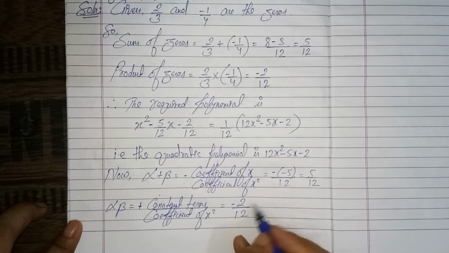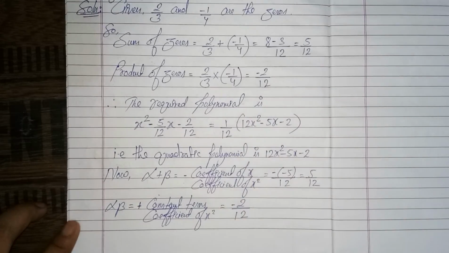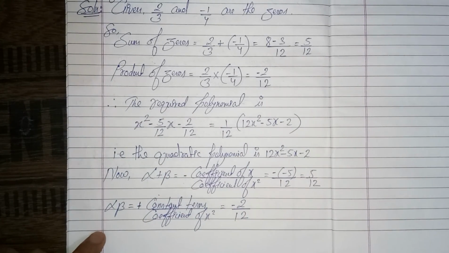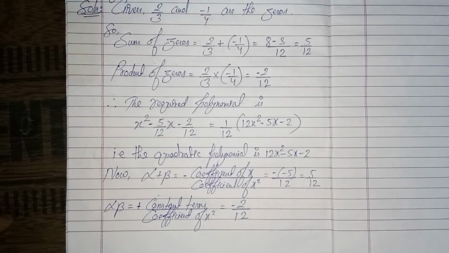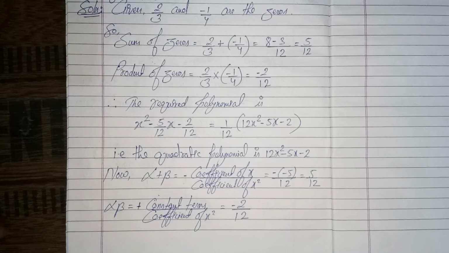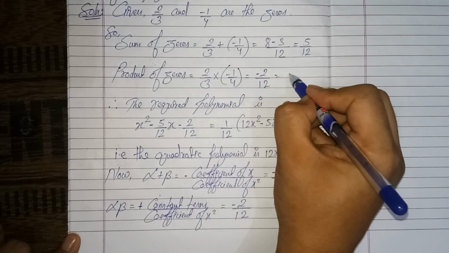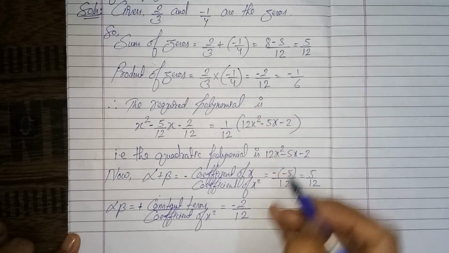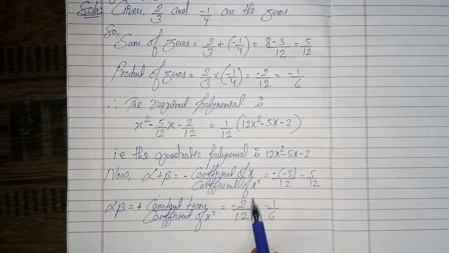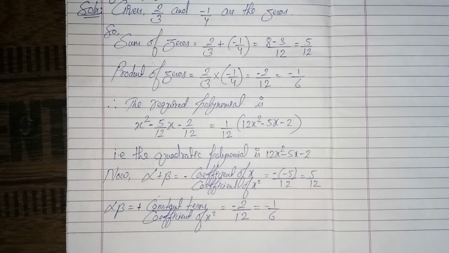Now you can see that these two answers are the same. That means the product of zeros is equal to minus 2 by 12. And if you want to write this value in the simplest form, you can write it as minus 1 upon 6 also, and here also it is minus 1 by 6. If you leave it over here also, it will be correct.